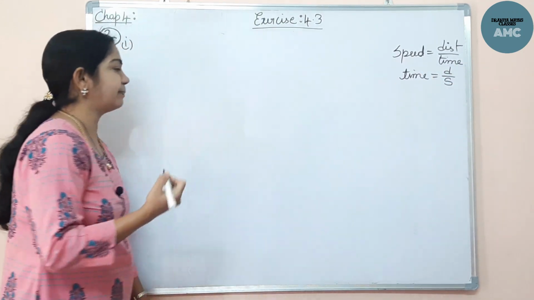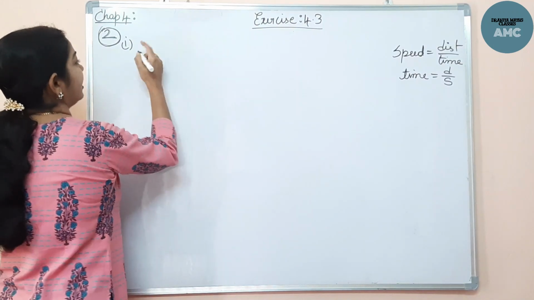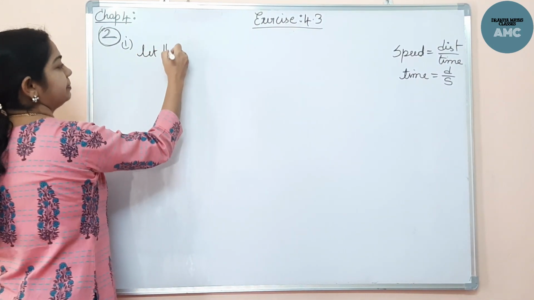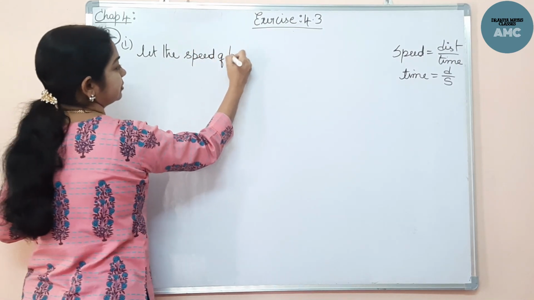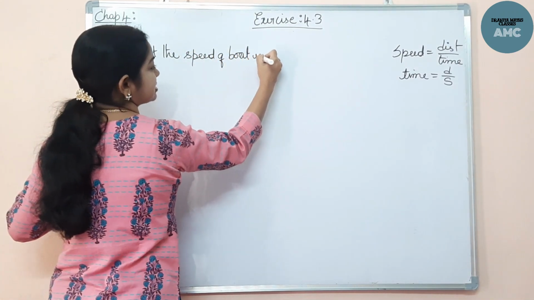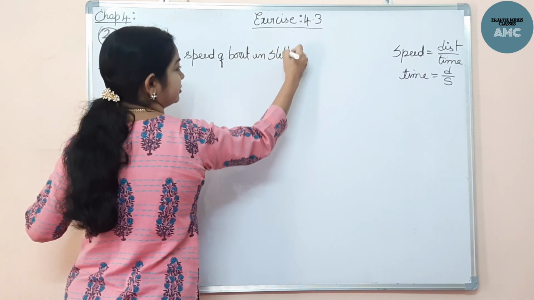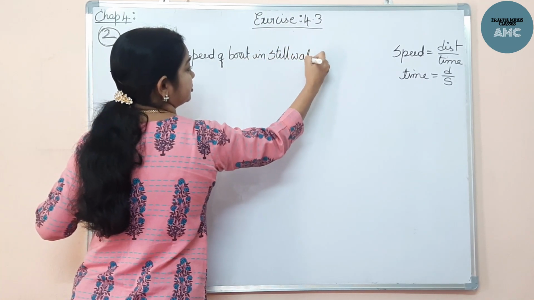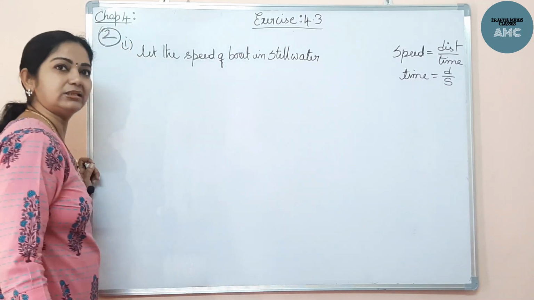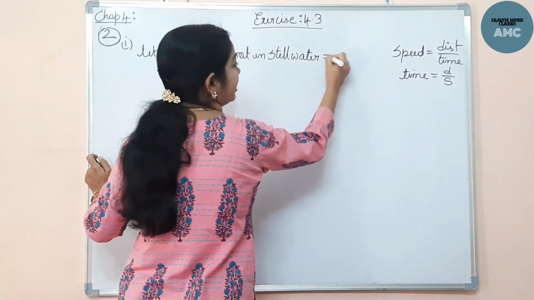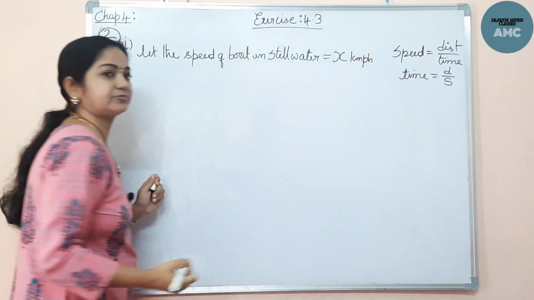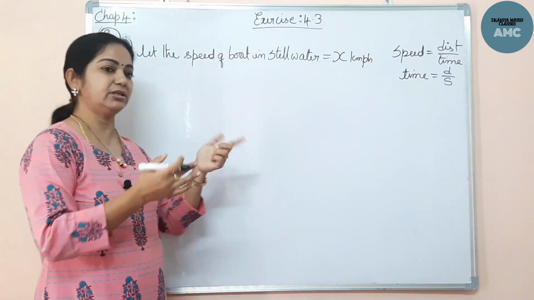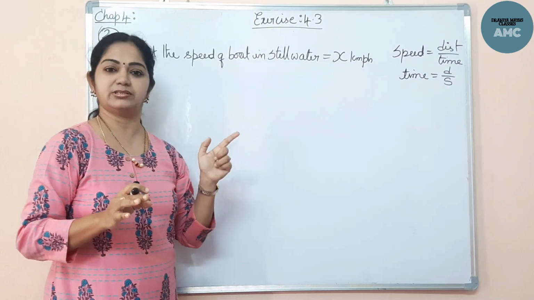And also, let us suppose now, given that, let the speed of the boat in still water be x kilometers per hour. Okay. I'll suppose the boat in still water as x kilometers per hour.